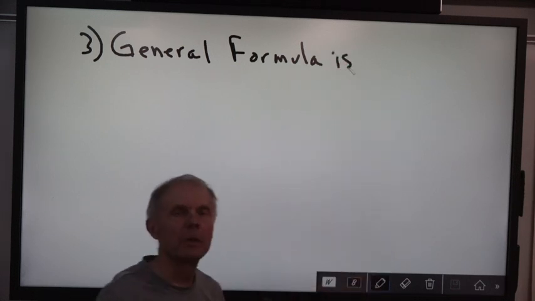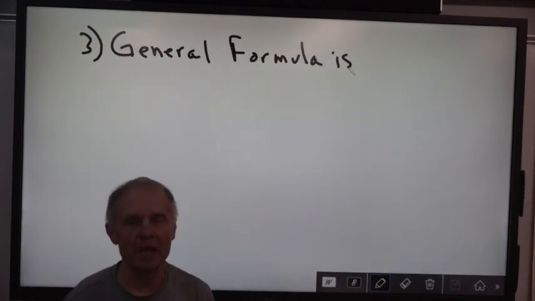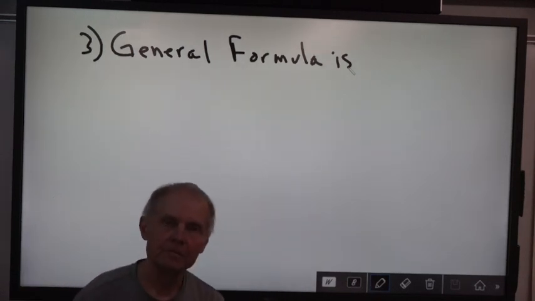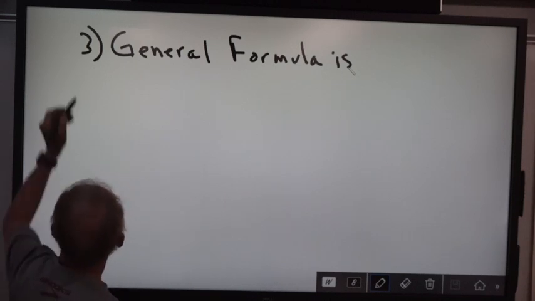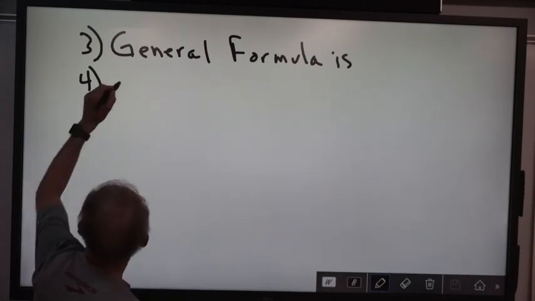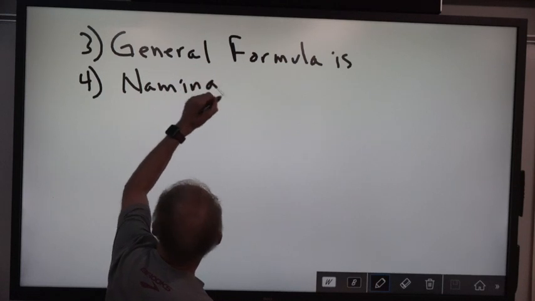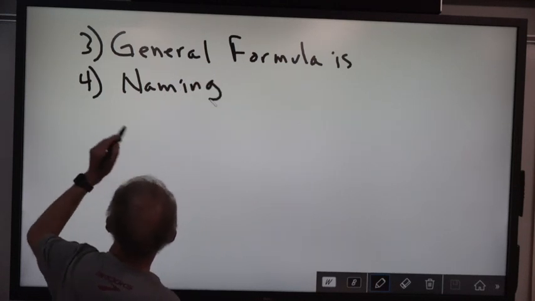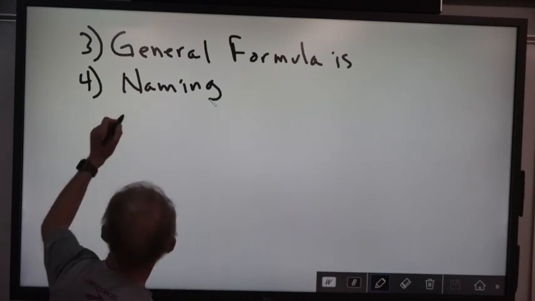And like we left number 3 blank for alkanes, we're going to leave number 3 blank for alkenes. Okay, we're going to go back to that later. Number 4. Naming. Now we're going to indent and put down number 1.